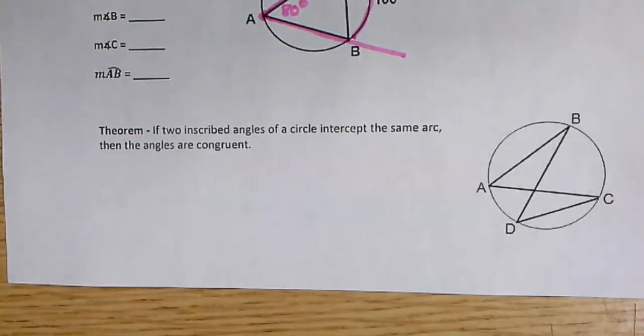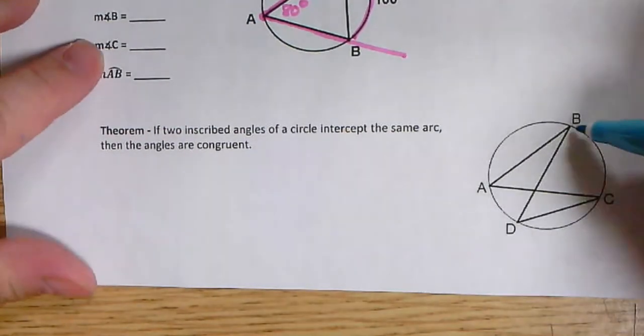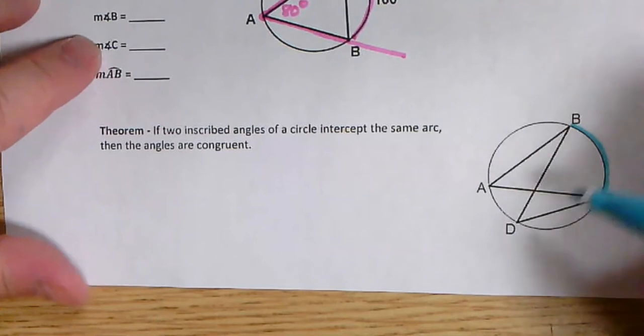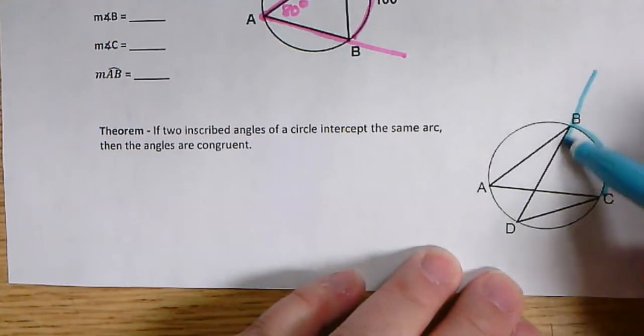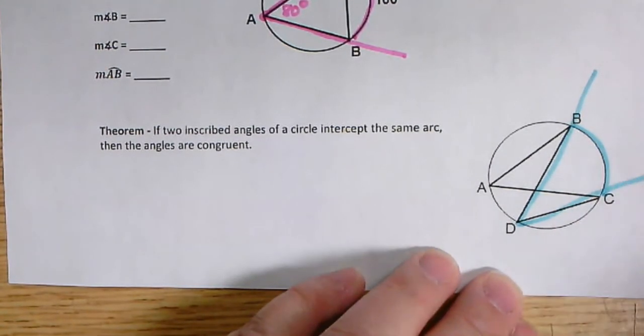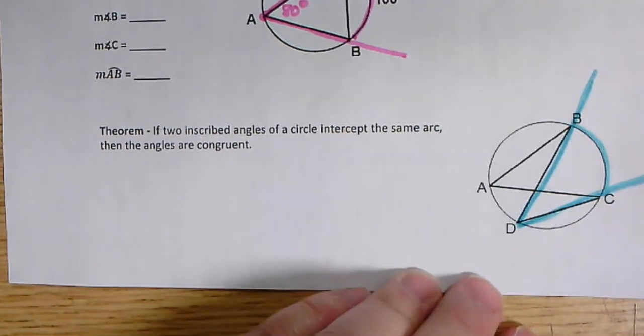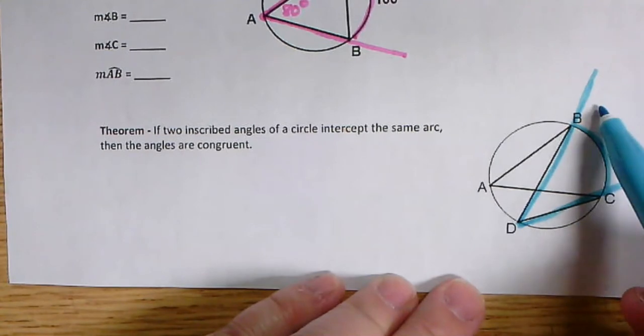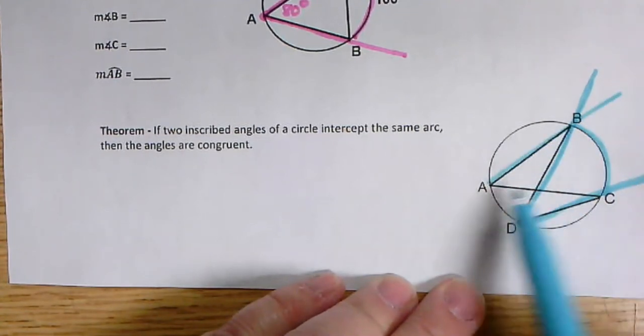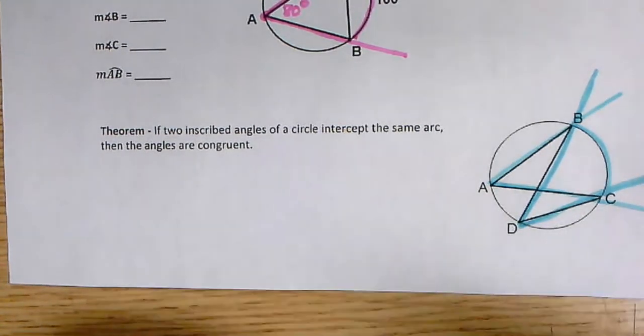There we go. If we're looking at arc BC, we could say that angle BDC, sorry, I traced it kind of wonky there, BDC, that intercepts arc BC, it should be the same as angle BAC, which also intercepts the same arc. They both have to be half of that arc.